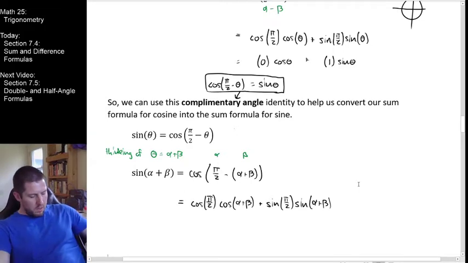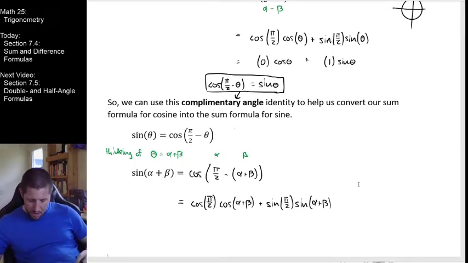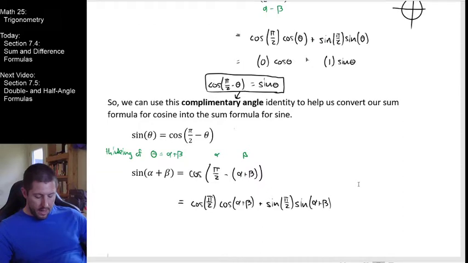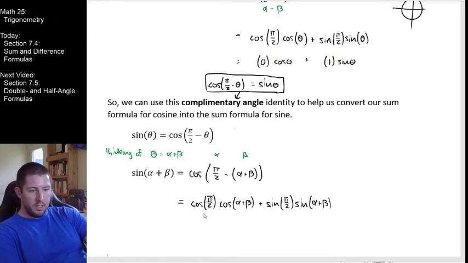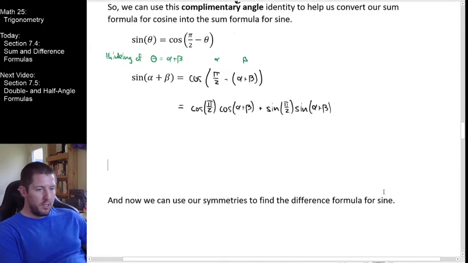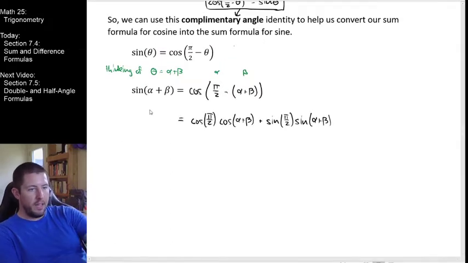Hold on, what's my rewriting? I'm okay. Let me show you how I'm setting this up dumb, and how we're going to slightly fix this so that it's actually useful to us. The thing I'm doing that's kind of stupid is that this just went to cosine of pi halves.